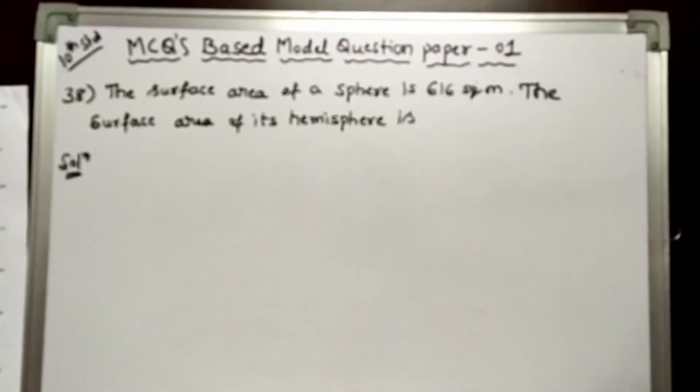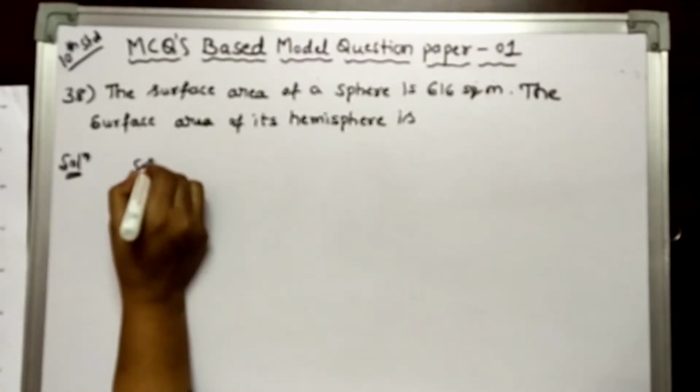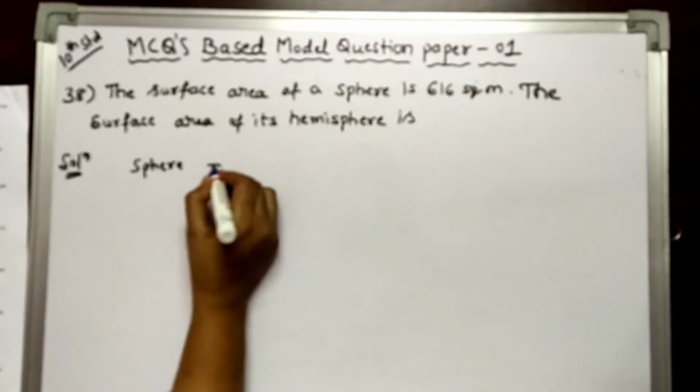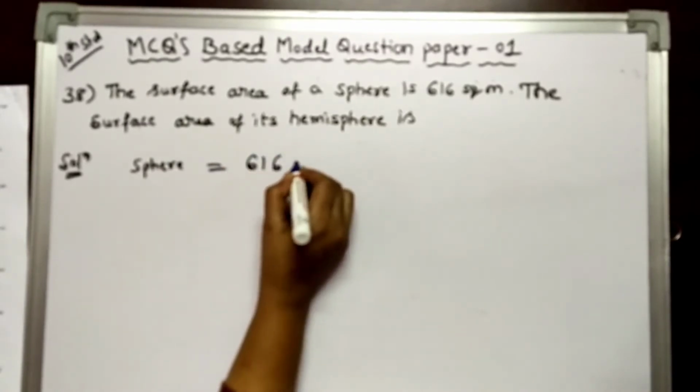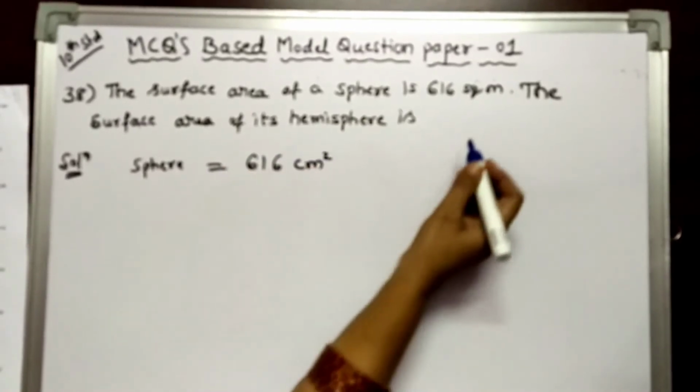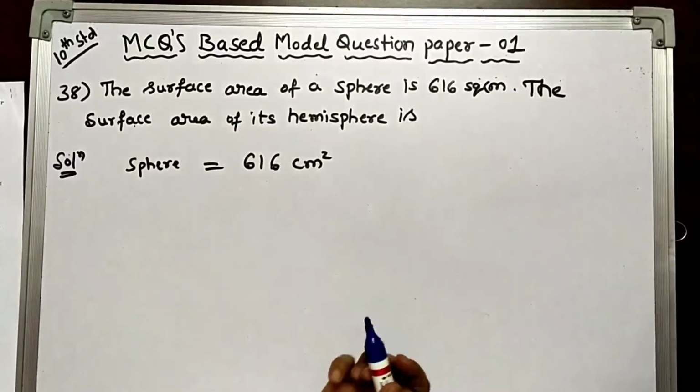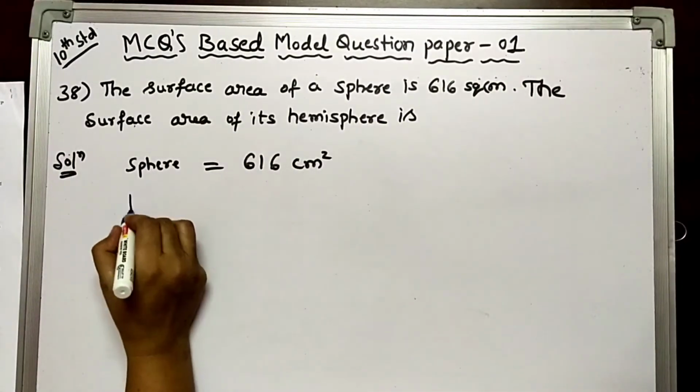Question number 38. The surface area of a sphere is 616 centimeter square. The surface area of its hemisphere? Hemisphere means half of that. So the total sphere area is 616 square centimeters, here they have given.